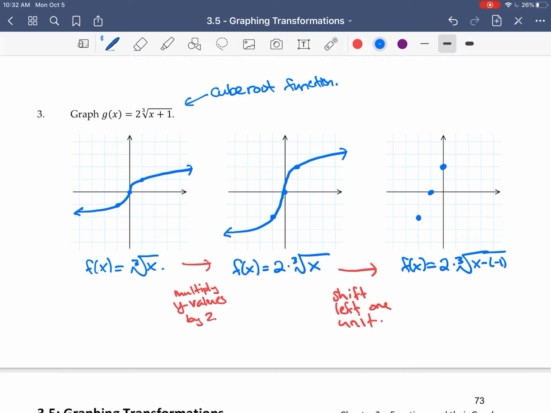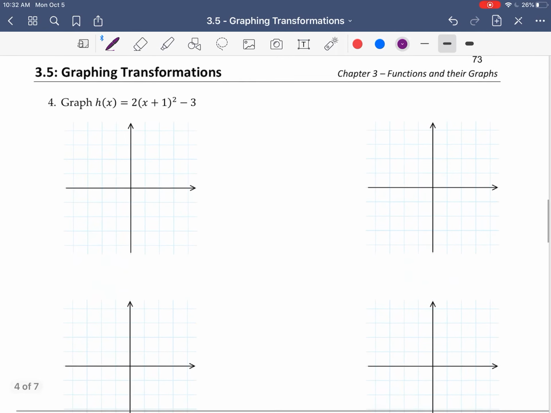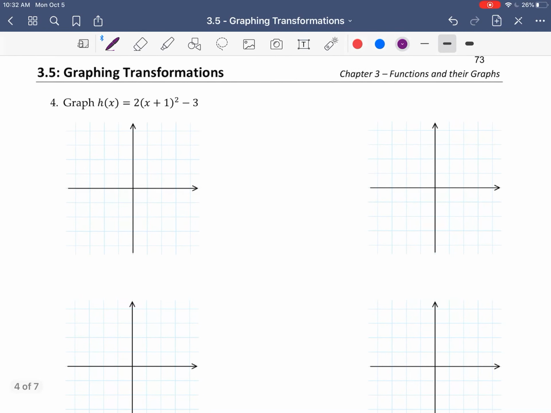And that one's going to be there. And my function's going to look something like that. Okay, so that is how we can do multiple stretches and shifts in there. Now these examples I'm going to skip for you, so please try them. It's a bit easier function with the quadratic, so you can use more points if you want.